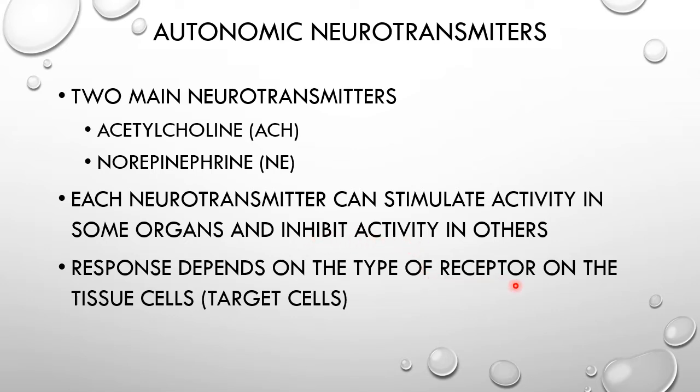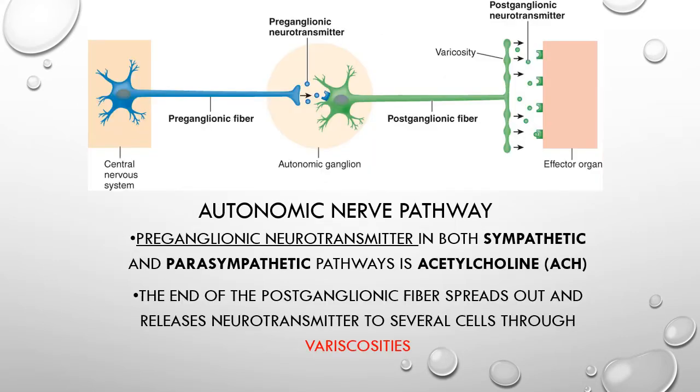It's all dependent upon the receptors on that target cell, whether it be another neuron or an effector organ, that is going to determine whether we get an increase in activity or a decrease in activity. So are we stimulating that next neuron, or are we inhibiting it?